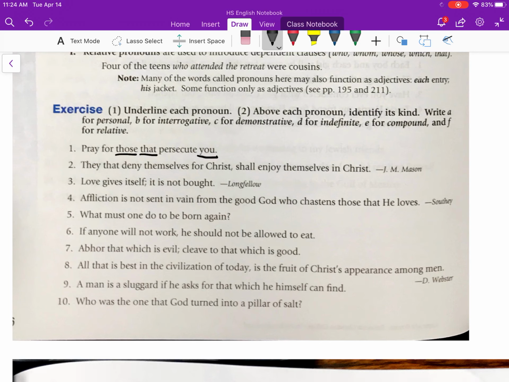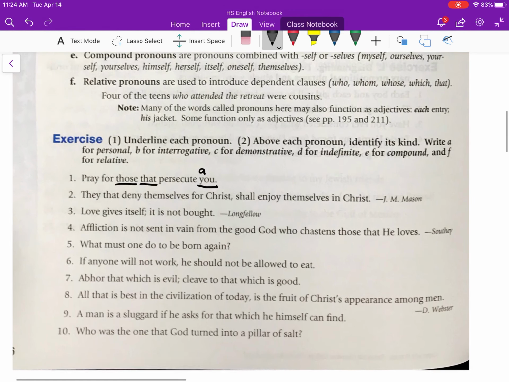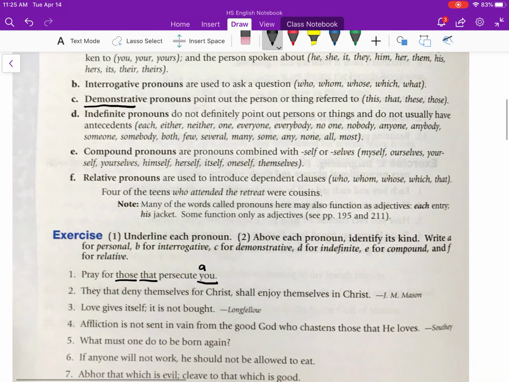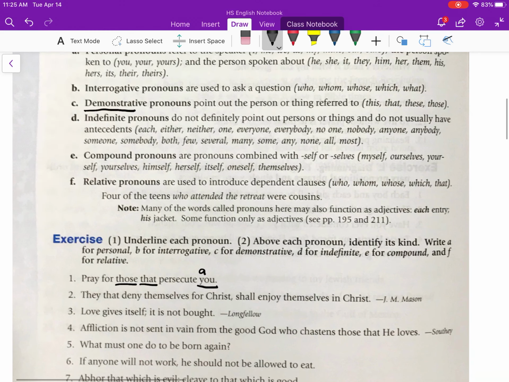The obvious one was the personal pronoun you. But what about those and that? Let's deal with those first. If we come back up here and check, those is demonstrative because it points something out, right? So we're going to be writing C for demonstrative. And then what about the word that?